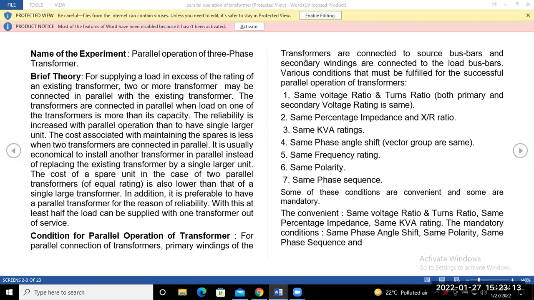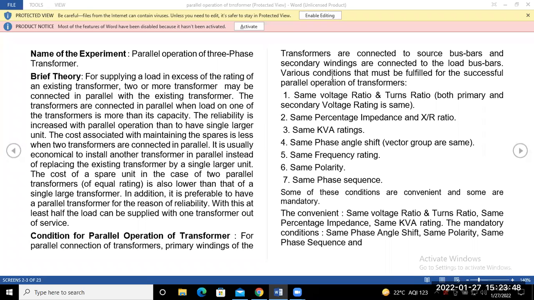At least we are not able to supply the rated power, but at reduced power we can supply to the load, whatever the capacity of the one transformer which is under running condition. If the other transformer creates a fault, then we can disconnect it, and the power supply is not interrupted due to one transformer creating a fault.